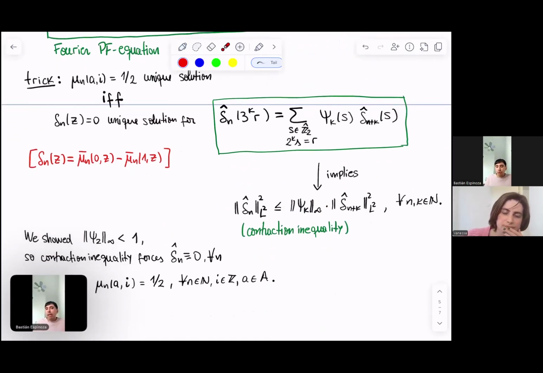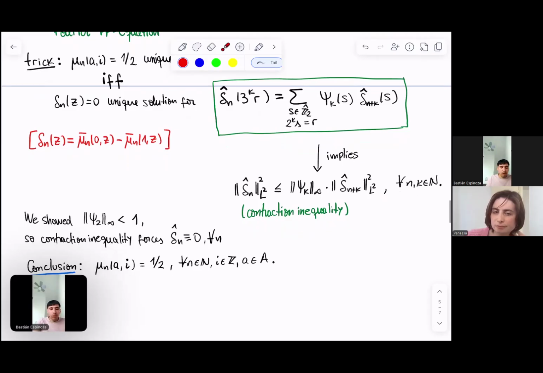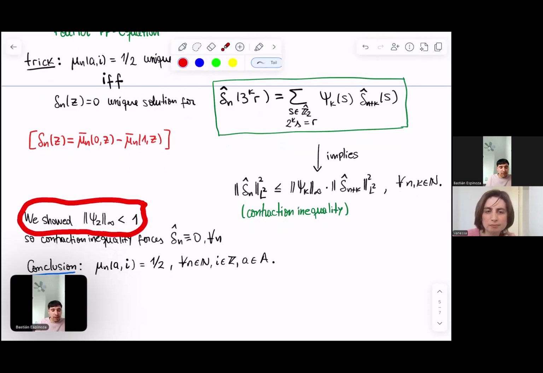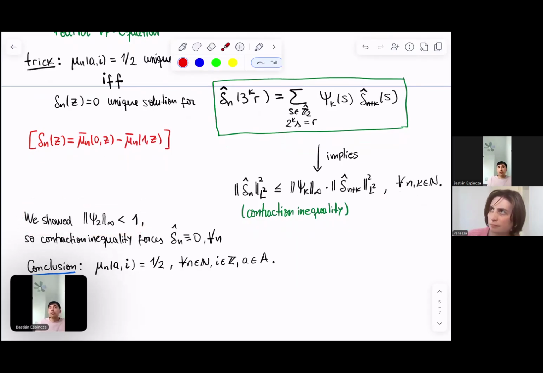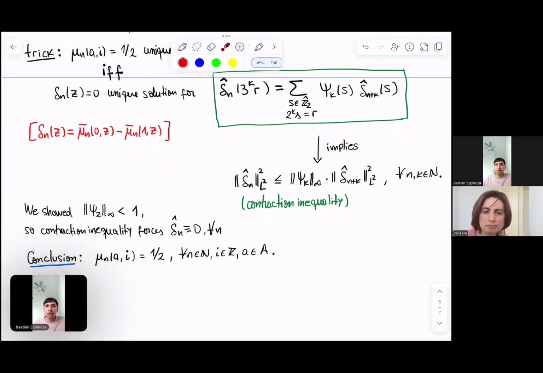And what we would like to show here is that this kind of contraction inequality forces 0 to be the unique solution. And this is what we can do because we can check, for instance, using the computer, that capital psi 2 is smaller than 1. And as long as this quantity is smaller than 1, we can iterate the contraction property using some additional tricks. And we get that, in fact, the only solution is the one that has L2 norm equal to 0. So delta hat is 0, delta is 0, and we get the final solution, which is the one that we expected to have.